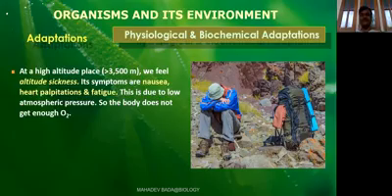Its symptoms are nausea, heart palpitation, and fatigue. This is because as we move from the ground to higher and higher levels, the atmospheric pressure is reduced and the availability of oxygen reduces. So the body does not get enough oxygen. If I move from the ground to a mountain, the availability of oxygen is reduced because of the pressure.